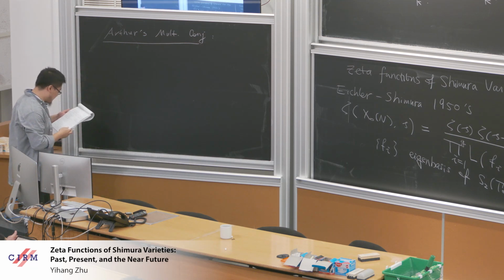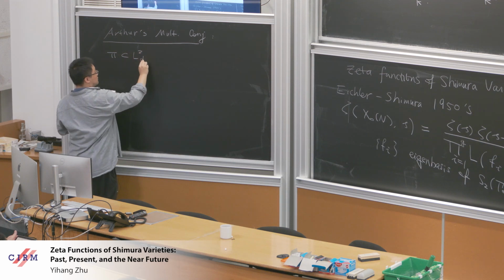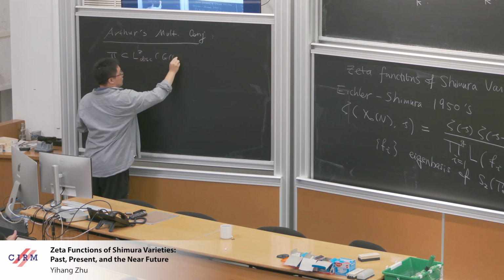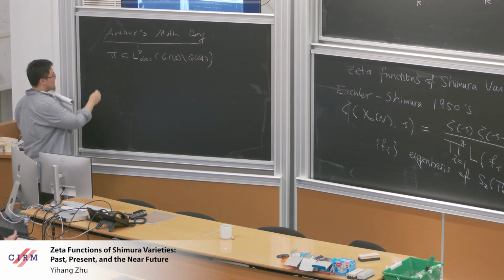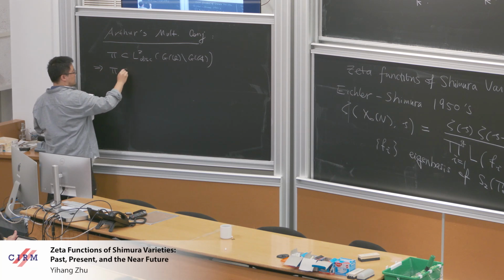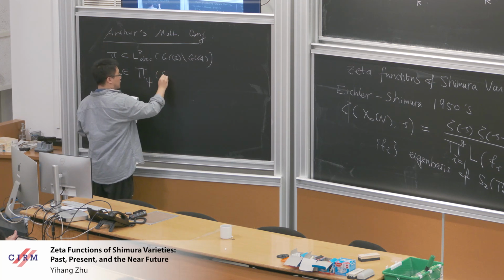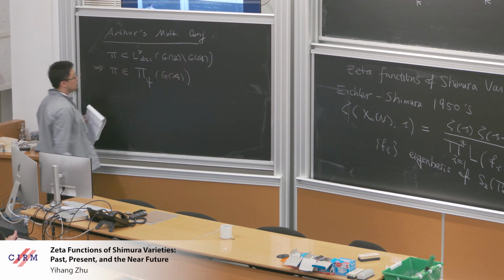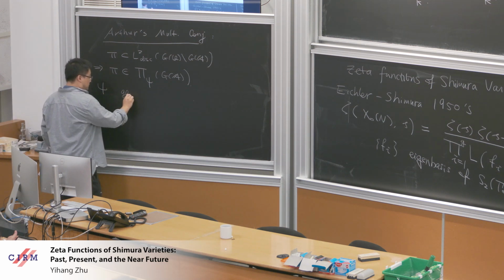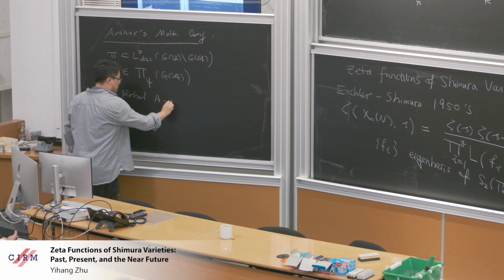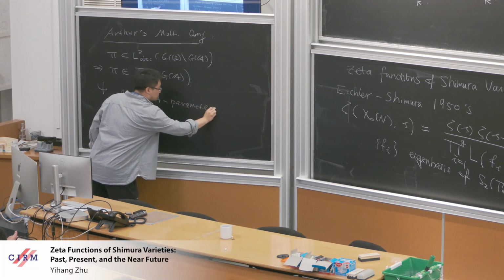So this roughly says the following. If you have some discrete automorphic representation, then it will actually lie in some global Arthur packet psi of G of A, where this psi is a so-called global Arthur parameter.